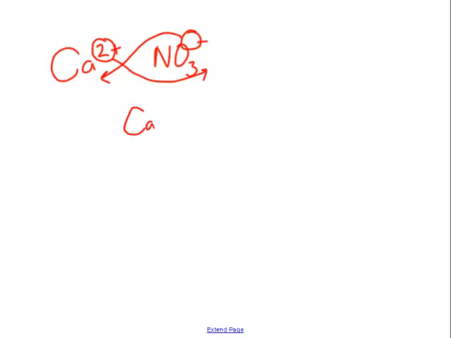Ca2+, NO3 1-. You take the 2 and crisscross it to the bottom, and you take the 1 that's in the charge and crisscross it to the bottom of the calcium, and you get Ca(NO3)2. Calcium nitrate, there's 2 nitrates. The reason is that when you multiply this charge up here by 2, you get -2, and this one is already +2.